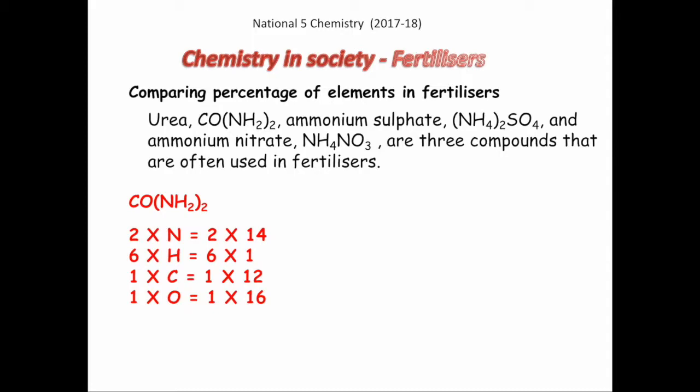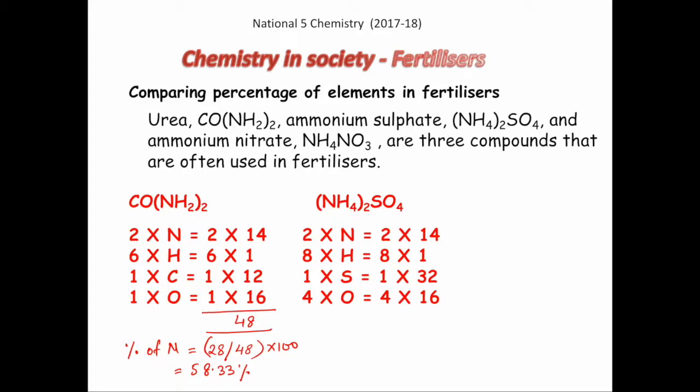So if we add this up, the total molecular mass of this would be 60. So the percentage of nitrogen would be 28 divided by the total molecular mass times 100, and this is equivalent to almost 46.67%.